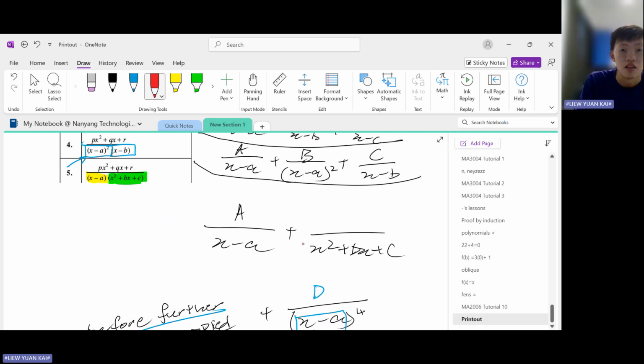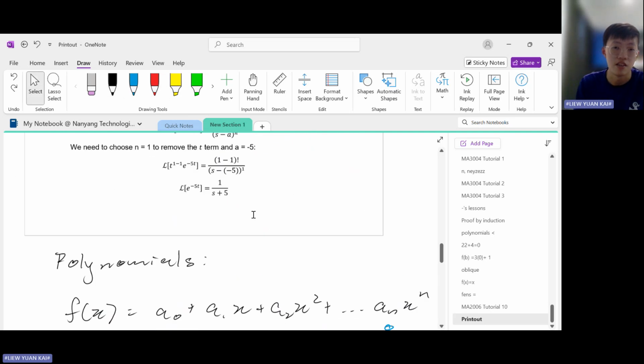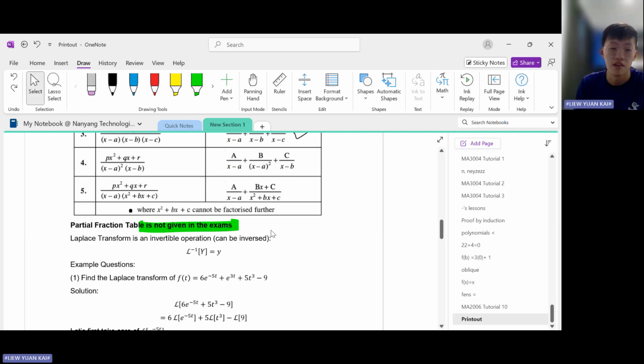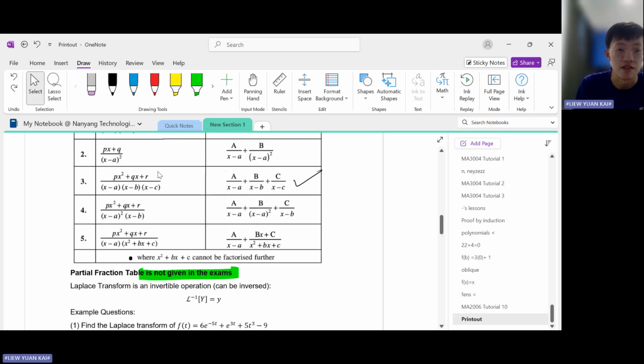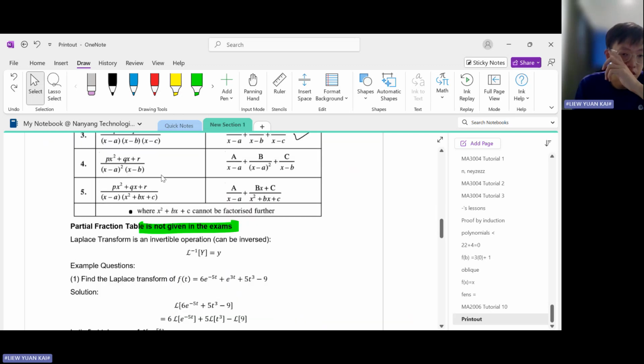This is a quadratic, so 1 degree less than a quadratic is a linear. That's why it must take on the form bx plus c. And why is this linear? Because the highest power is 1. So this is how you write a general decomposed form, and how you get an idea of how to do partial fraction decomposition.